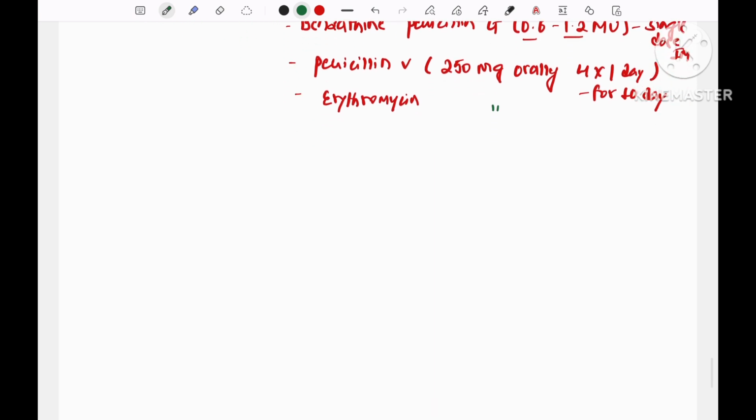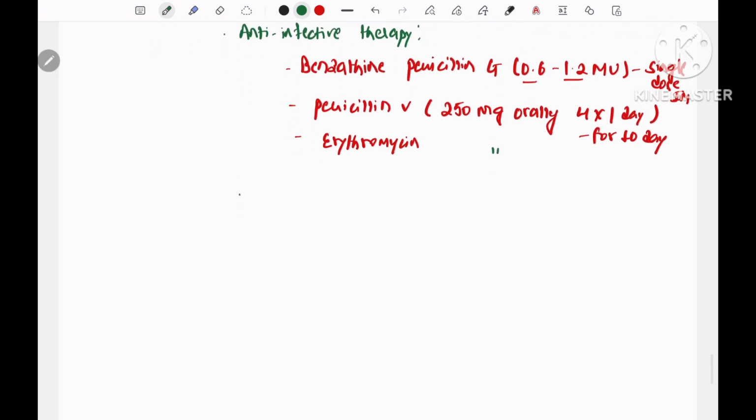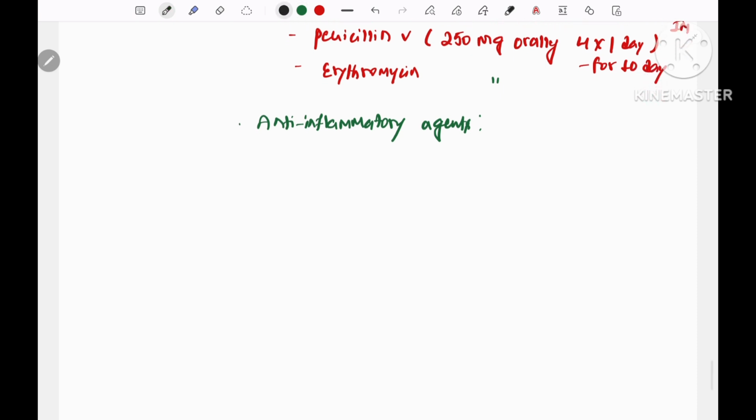Now we have to know about the anti-inflammatory therapy, because there is ongoing inflammation, so we have to control the inflammation also. So we also give anti-inflammatory agents. For anti-inflammatory agents, we have two drugs. One is aspirin and another is the corticosteroids.